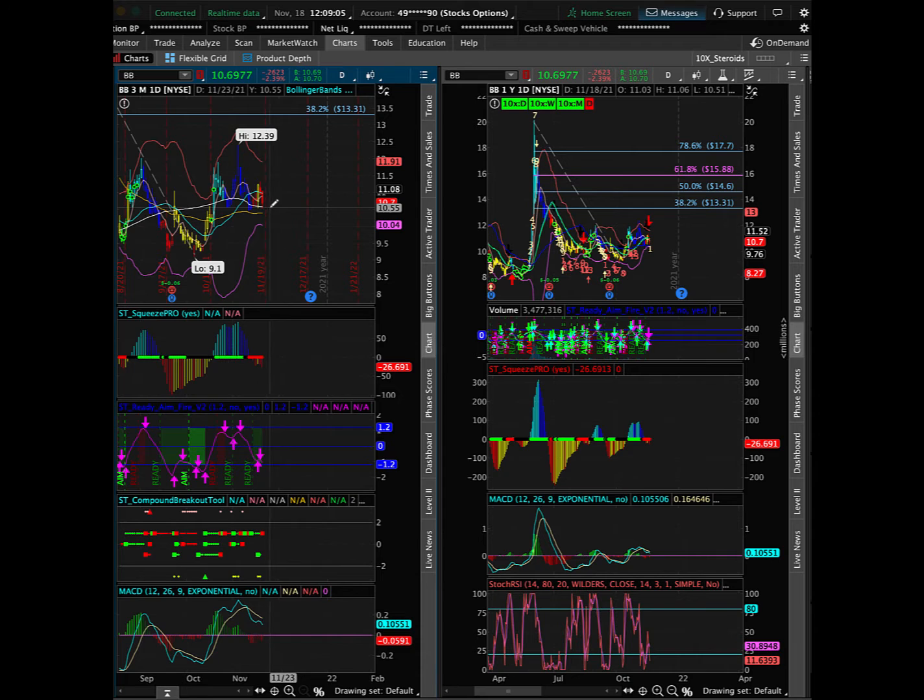This is the mean of the Bollinger band. And they can also respect moving averages. We've got here in blue the 8-period moving average, and in gold the 21 moving average. So it's important to have an awareness of those levels so that we know where to enter and exit trades.